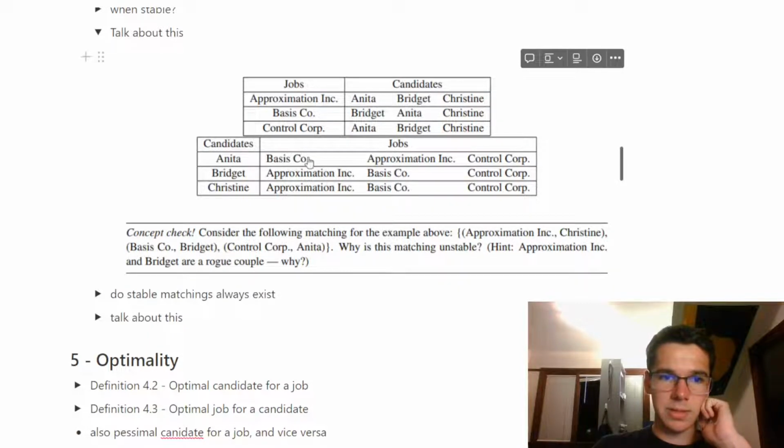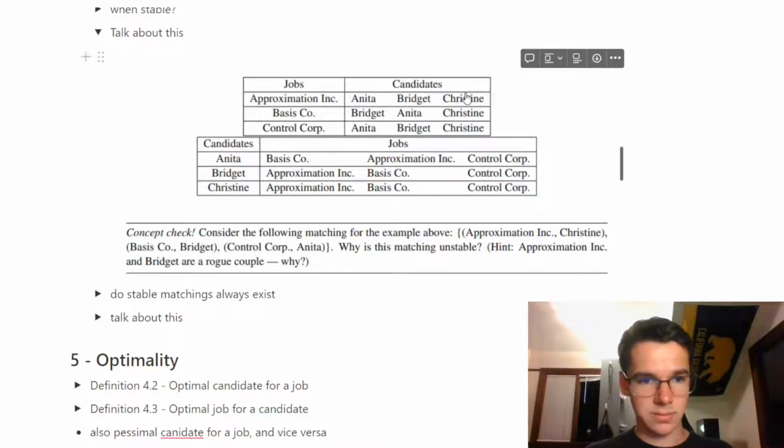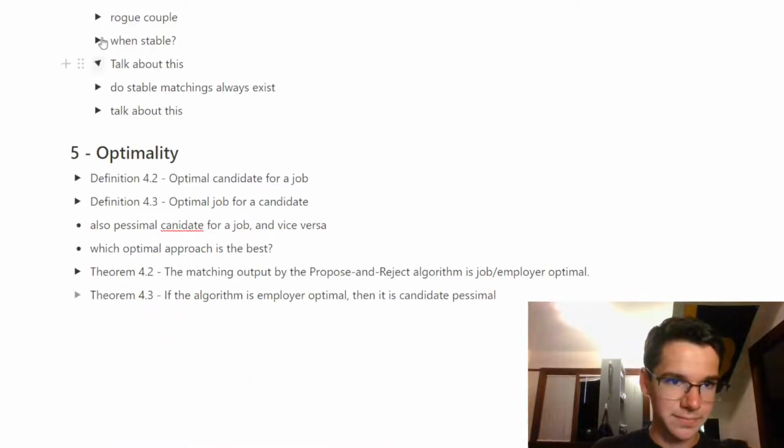And similarly, we see that Bridget is paired with Basis Co., but Bridget would rather be with Approximation Inc. Since Bridget ranks Approximation Inc. higher than Basis Co., and Approximation Inc. ranks Bridget higher than Christine, then we have a rogue couple.